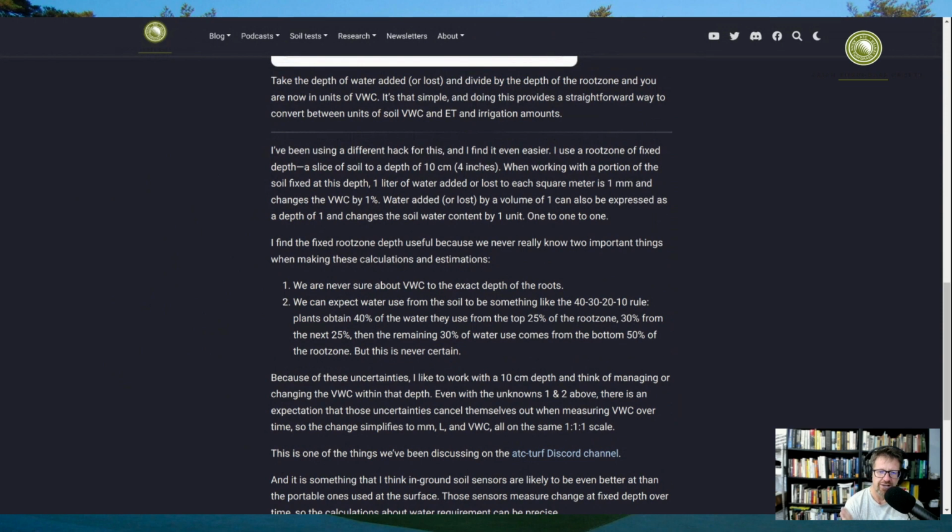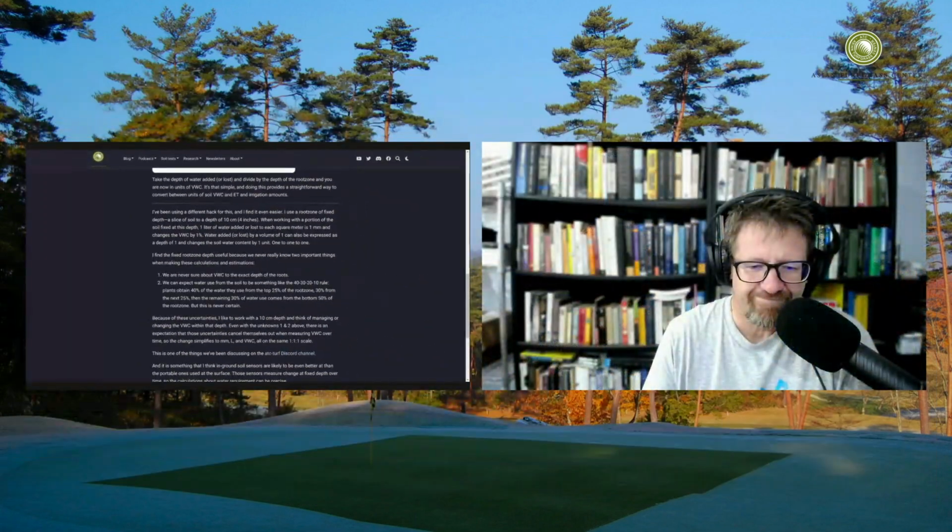So I think knowing these numbers, this is one of the most important numbers that you can know about turf grass management, one of the most important numbers that you can know to improve the way that the turf is managed.